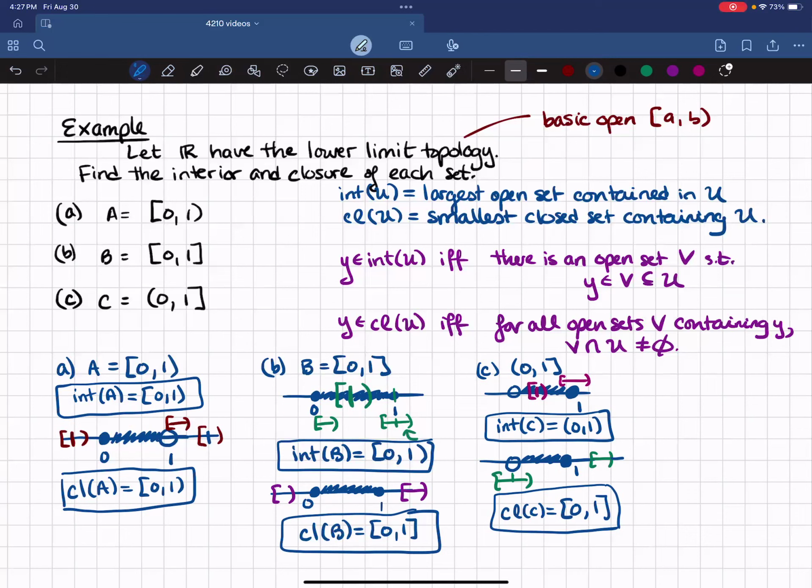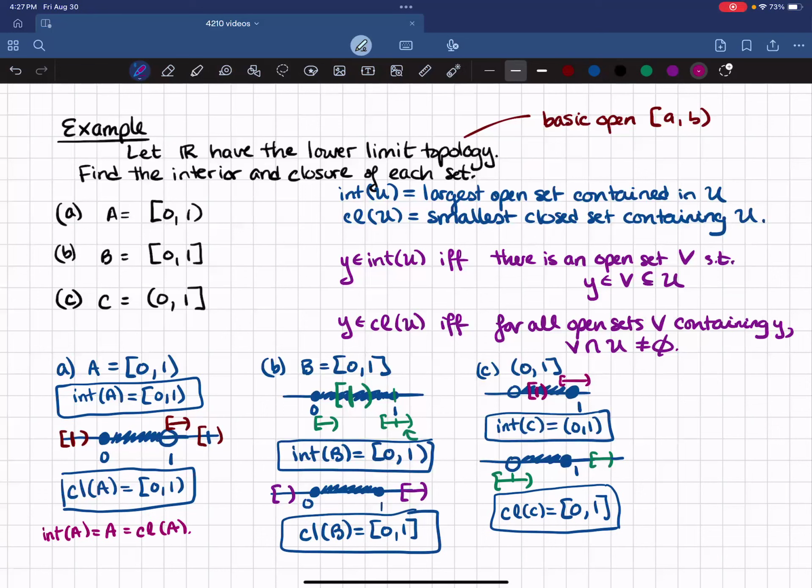There are some interesting observations we can make. So first of all, on part A, it turns out that the interior of A is equal to A, which is equal to the closure of A. So that's a thing that can happen. That tells me that A is open because it equals its own interior, and also that A is closed because it equals its own closure.